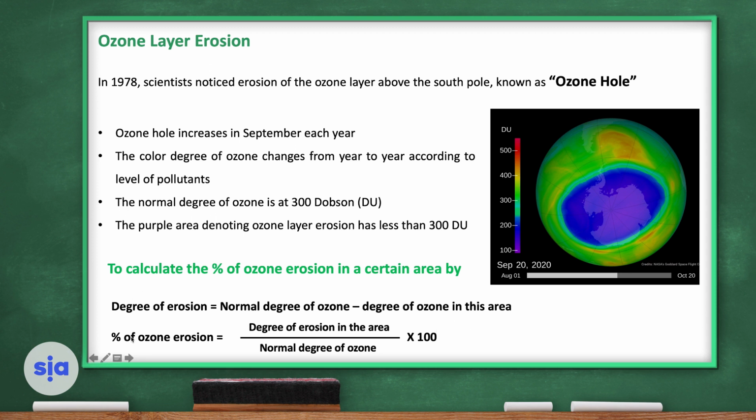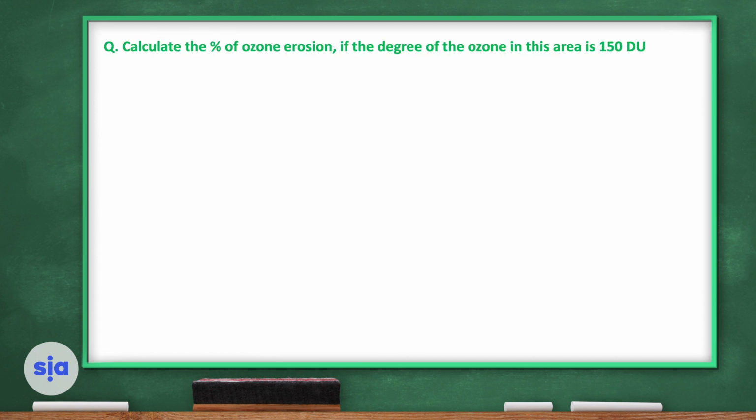And the percentage of the ozone erosion equal the degree of erosion in the area divided by the normal degree of ozone times 100. Let's see an example. If I'm asking you to calculate the percentage of ozone erosion, if the degree of the ozone in this area is 150 Dobson.